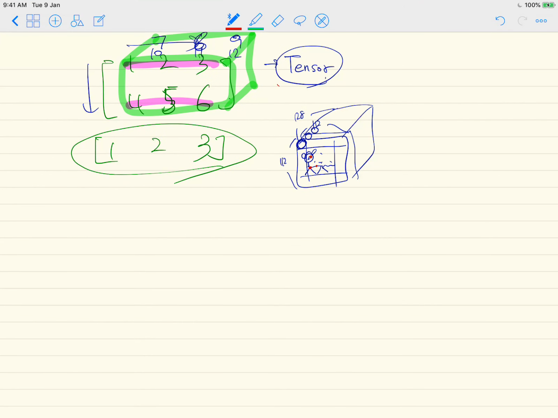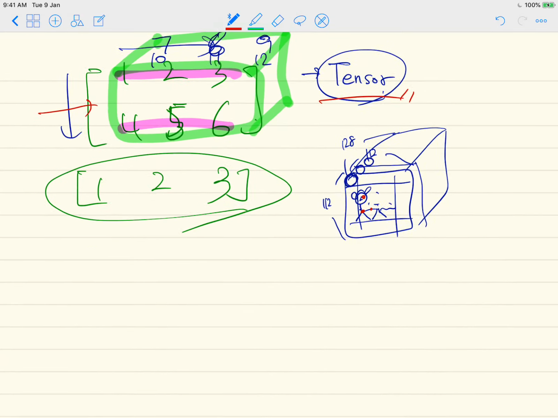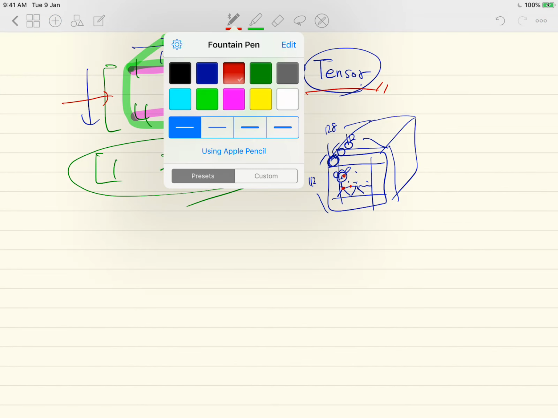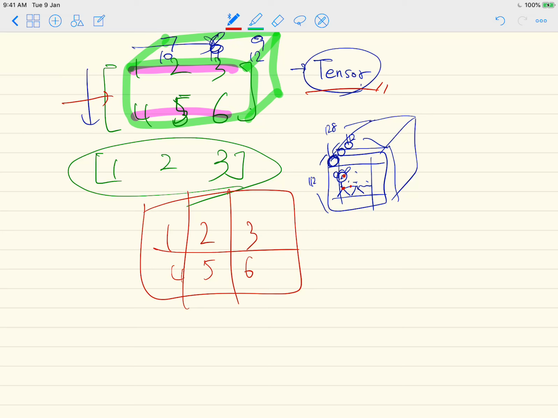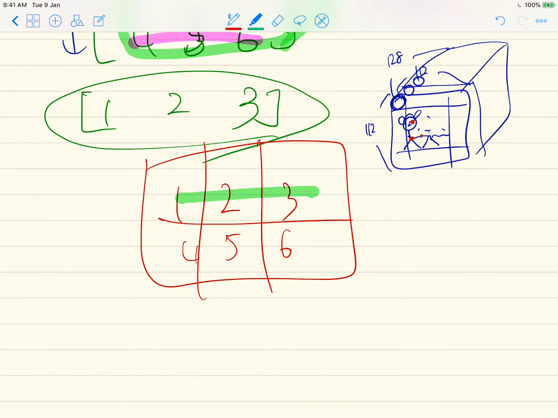Okay, so yeah, back to the matrix case. Let me rewrite it. In terms of the vectors included in this matrix, we can think of these two vectors, 1, 2, 3, and 4, 5, 6, separately as two different vectors, right?